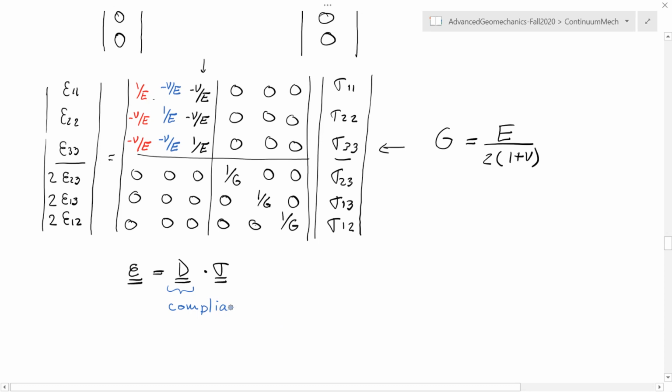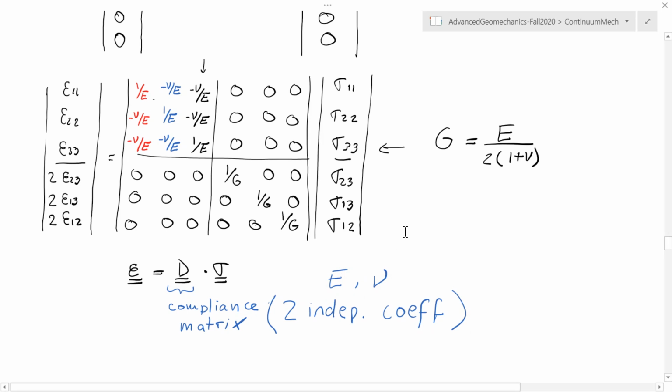This is the compliance matrix. And this compliance matrix has just 2 independent coefficients in the case of linear isotropic elasticity, which are the Young modulus and the Poisson ratio.